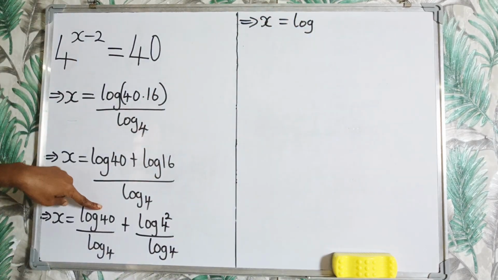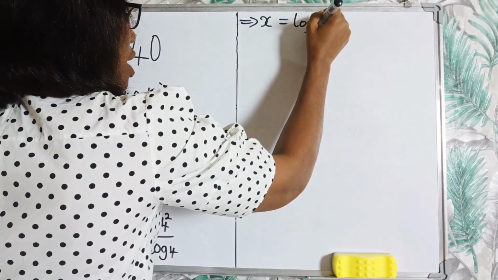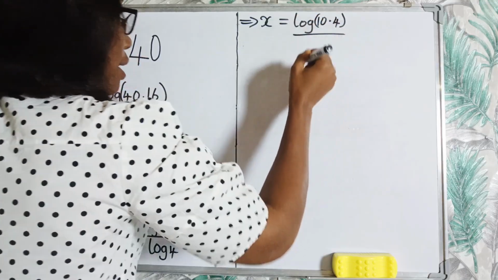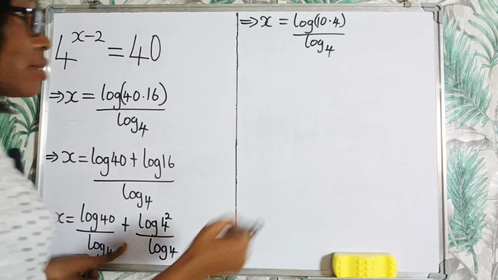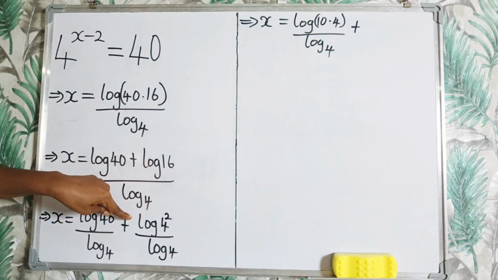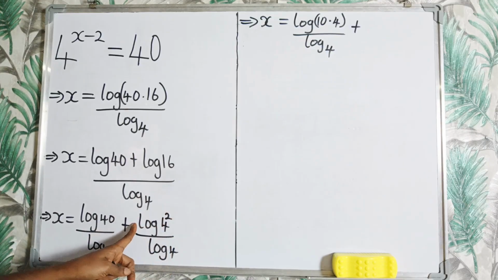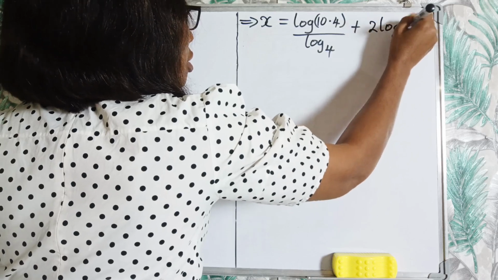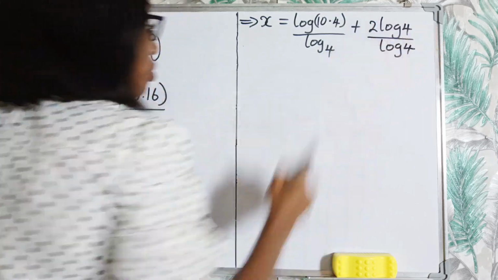So from here, we are going to have x is equal to log. Now 40 can be expressed as 10 times 4, log 10 times 4 divided by log 4 plus, applying the law of logarithm here, this exponent is going to multiply the log. So we are going to have 2 log 4 divided by log 4.